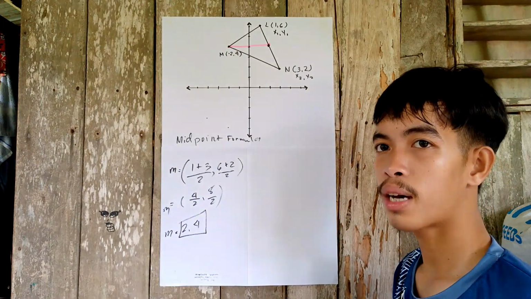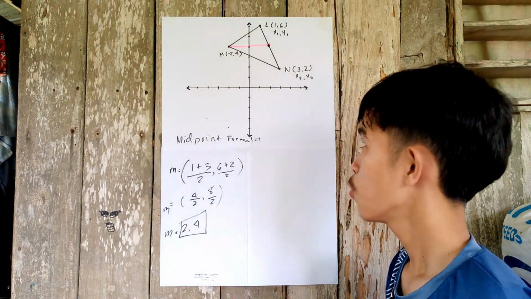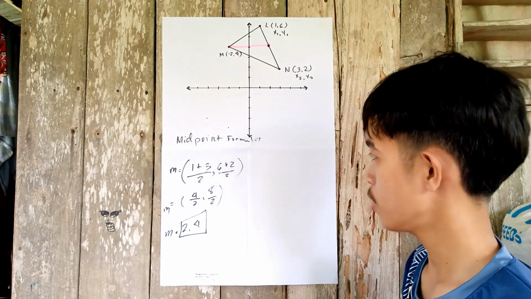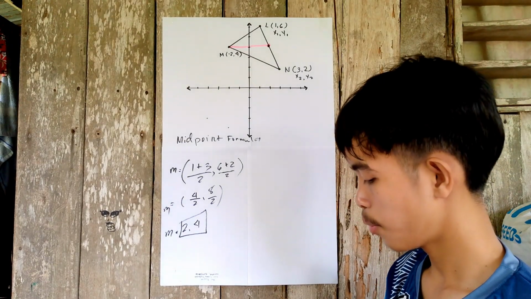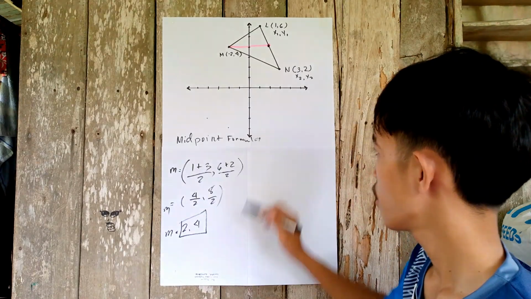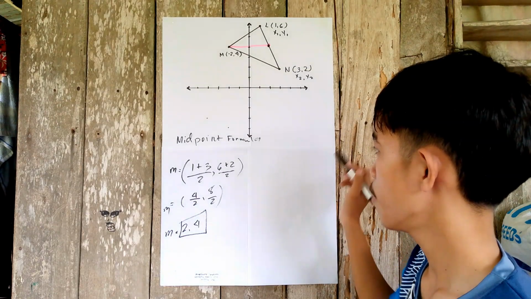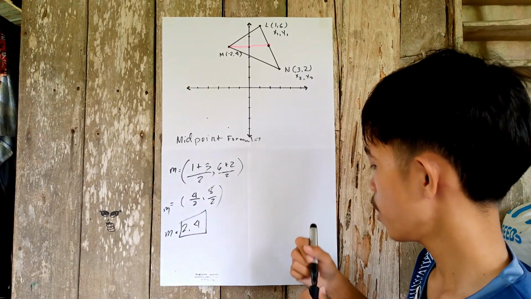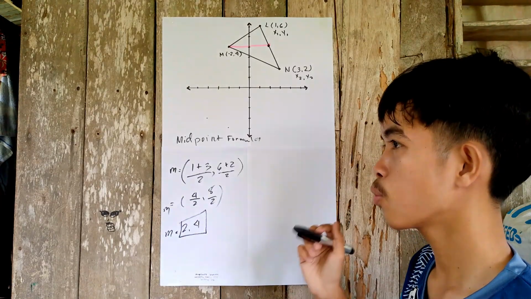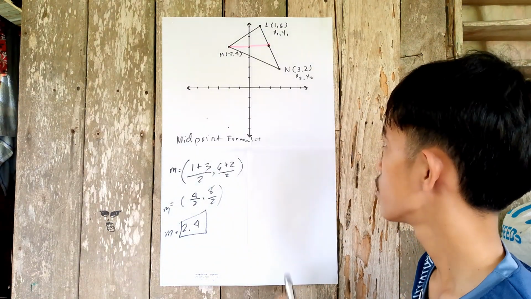And to find the distance, or the length of the median, we need to solve it using the distance formula. So our distance formula is the square root of (x2 minus x1) squared plus (y2 minus y1) squared.